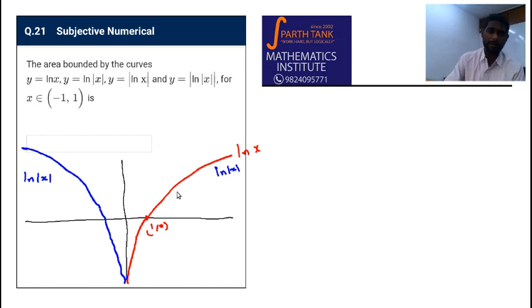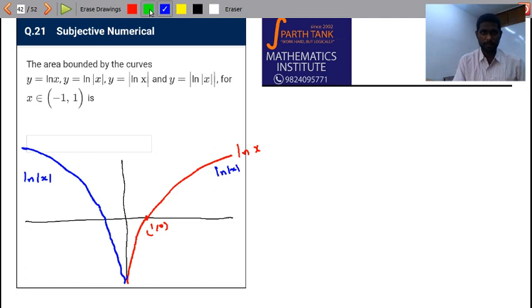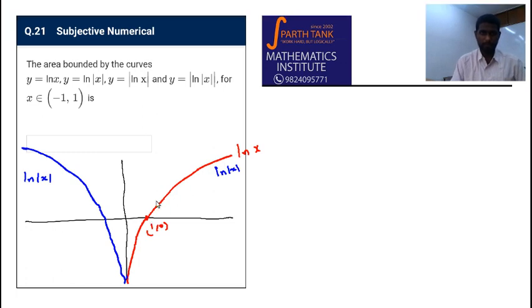Okay, remember that. How would mod of log x be? Mod of log x is the log x curve but fully positive. So the positive part will be the positive part only, and this negative part will become positive. So it should be like this.